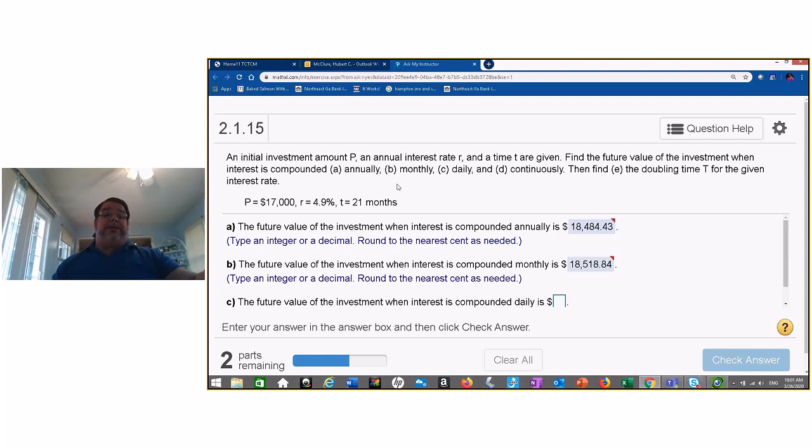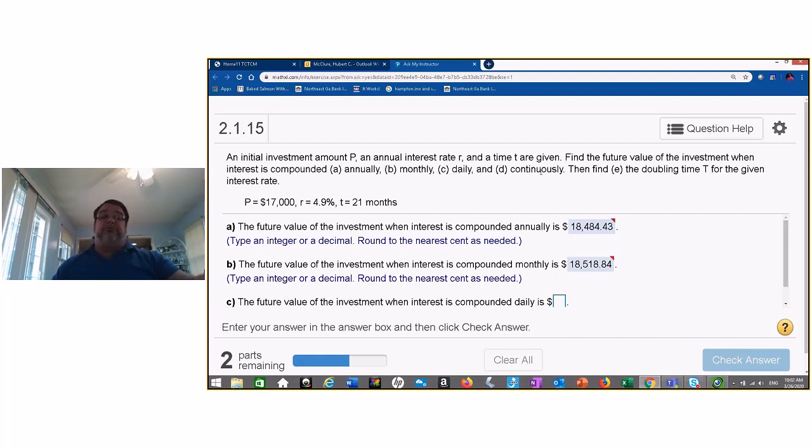Go ahead and write it down for your own notes, but that's the problem I just went over. I just didn't do all parts. It says an initial investment, and so on. Find the future value of the investment when interest is compounded annually. That'll be N is equal to 1. Monthly, N is equal to 12. Daily, N is equal to 365.